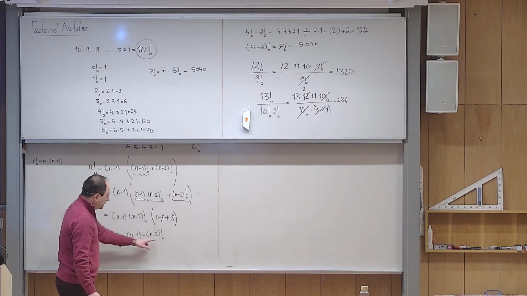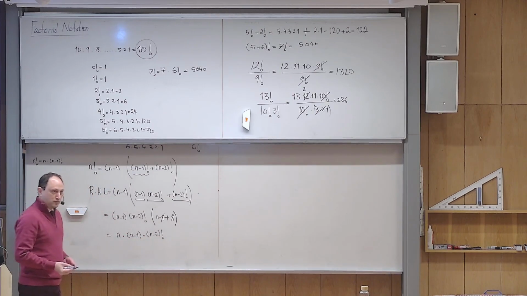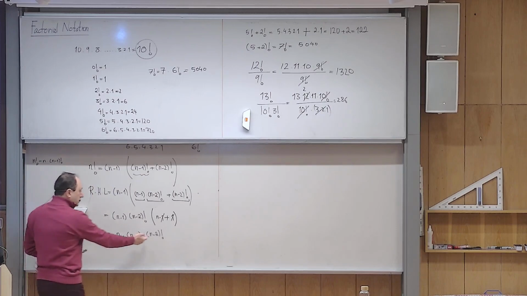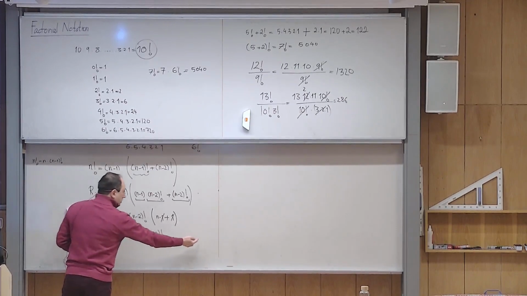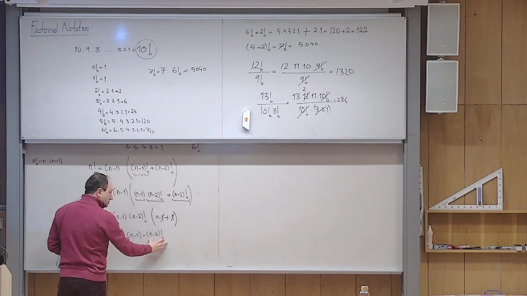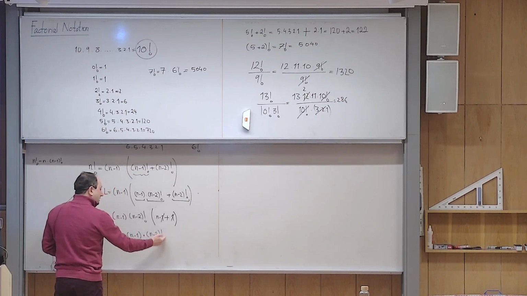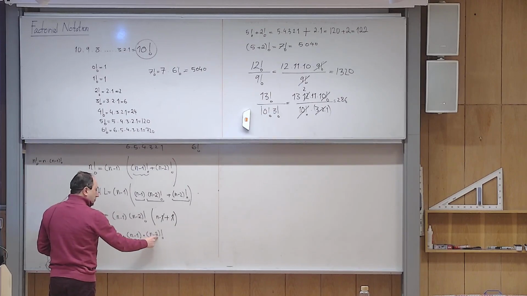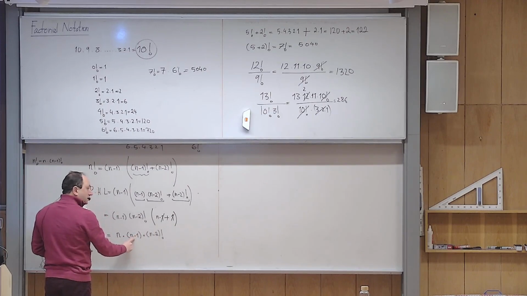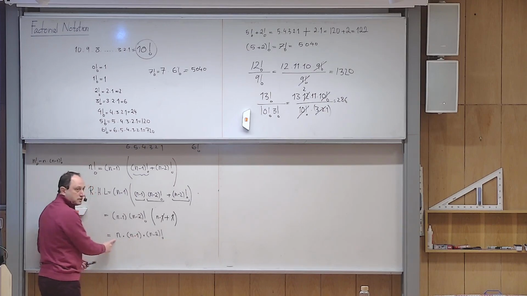I hope that you immediately understand this is the same as n factorial, yes? Because n minus 2 factorial starts from 1 times 2 times 3 up to this point. The integer after n minus 2 is exactly n minus 1, and the integer after n minus 1 is exactly n.